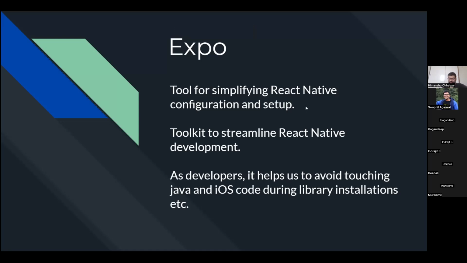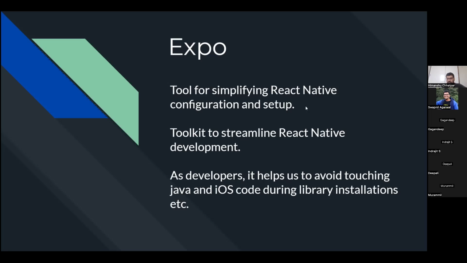In React Native, you may need to update Java code, some Objective-C code, install CocoaPods and stuff like that. You use Gradle to assemble and build. It's a different way to run code as well as build code. By build code, I mean when you build APKs, IPAs, and stuff like that.